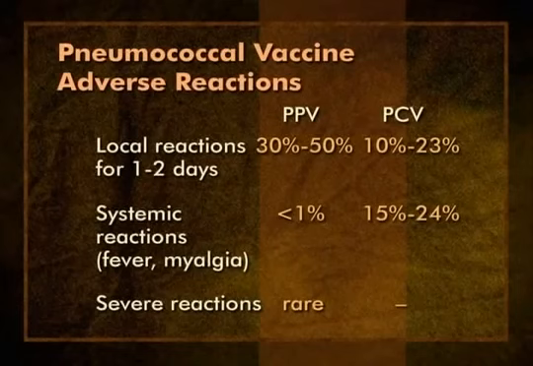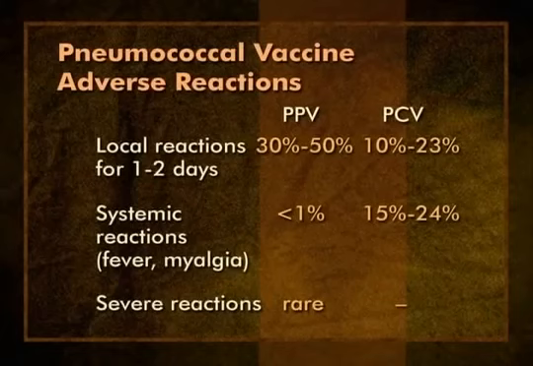Fever, defined as a temperature of 100.4 degrees Fahrenheit or higher within 48 hours, was reported in 15 to 24% of PCV recipients. But in these studies, PCV was often administered simultaneously with whole cell pertussis vaccine. Many of these febrile episodes may have been attributable to the whole cell pertussis vaccine, not the pneumococcal conjugate vaccine.